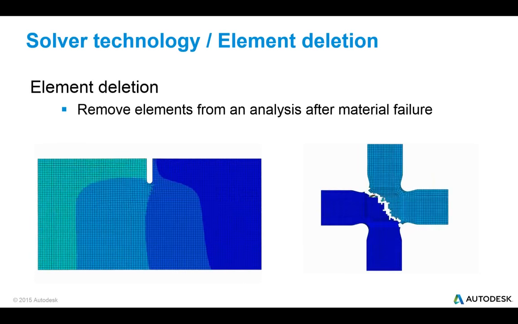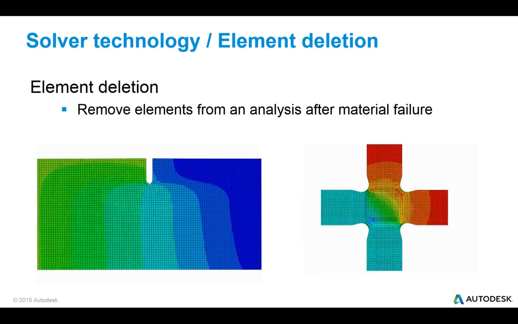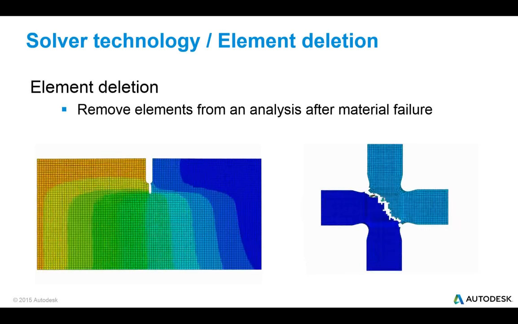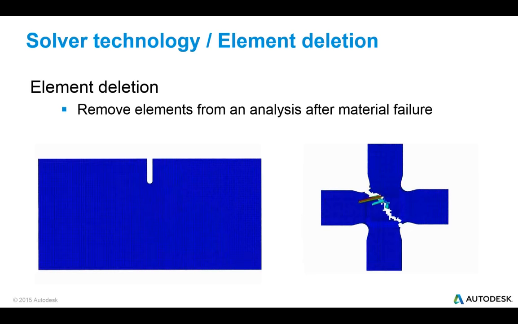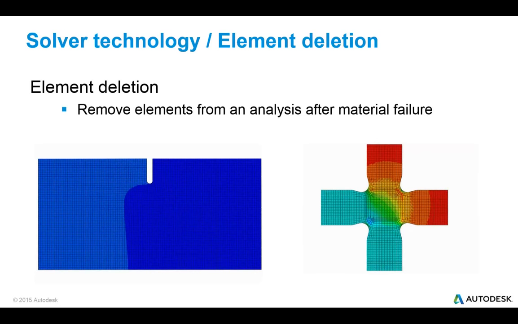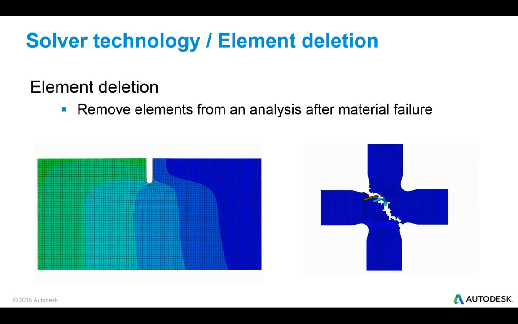Usually you can delete elements in an explicit or dynamic analysis, but this is one of the first times we've been able to remove elements in implicit. It's really powerful because once you get material failure and you lose stiffness of that element, you want to get the element out of the analysis because it can wreak all sorts of havoc on convergence. So now you can turn on the option to remove elements after failure.